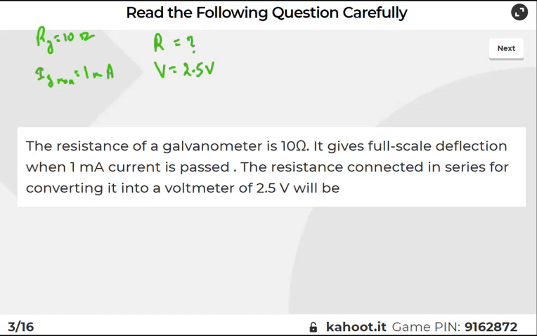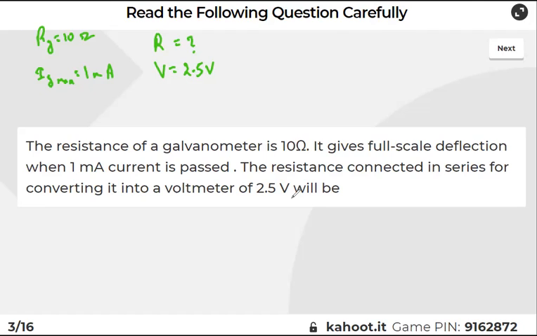So I hope all of you remember in last class we discussed this. You have to convert it into a voltmeter which can measure a voltage of 2.5 volt, right? So what is the value of the resistor which can be connected in series? Tell me. We have studied this in last class. Basic formula, even if you don't understand, you can just use the basic concept of KVL, right? Very basic concept.